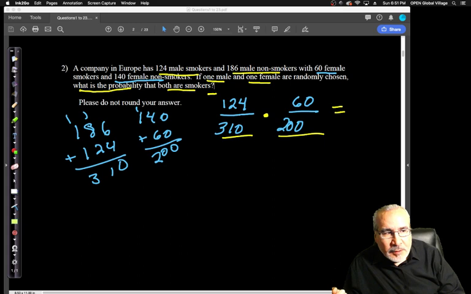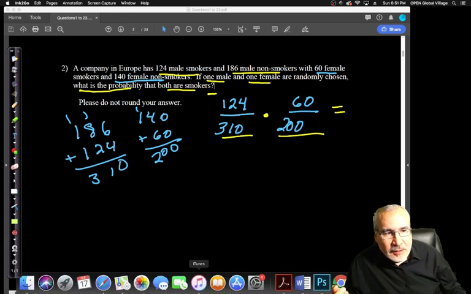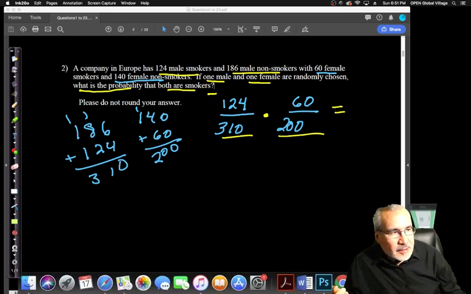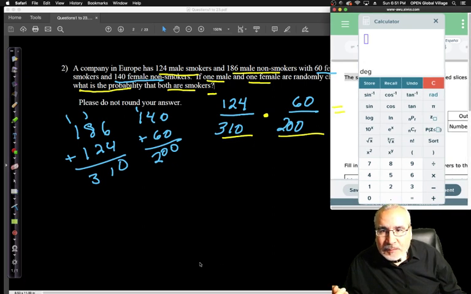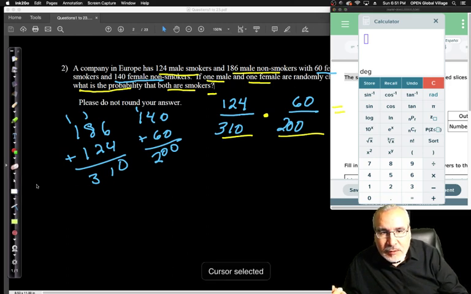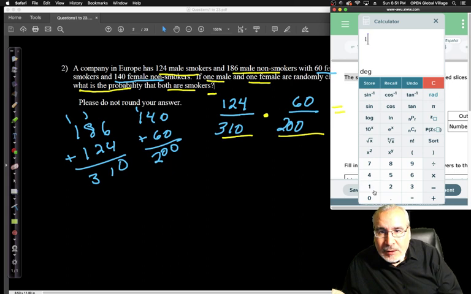So I'm going to come, let's see if I can find it. I have the calculator here, and the way we use this one, switch over to this. So we're going to just put in these two fractions here. So we'll do 124 divided by 310, and then take your mouse and click up here.